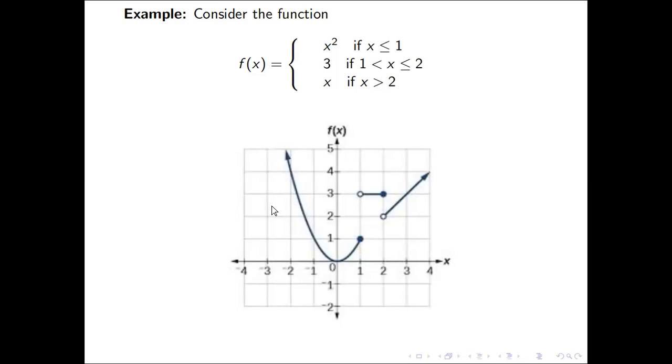So it's this line here whose points are (0, 0), (1, 1), (2, 2), (3, 3), (4, 4), and (-1, -1), (-2, -2), making 45 degrees. But we cut that whole line and restrict it to x greater than 2, so we have a hollow circle at 2, and we have it there. And that's the graph of the split function. Any question on the graph?